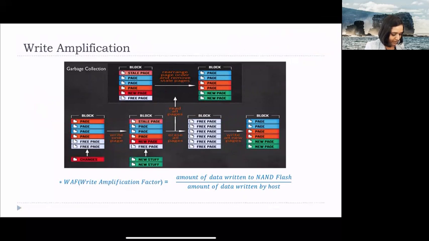So let's first briefly understand write amplification factor. We did discuss it while looking at the challenges that SSDs present, but this figure illustrates a very detailed example. So let's start at this stage where our block consists of 3 pages.